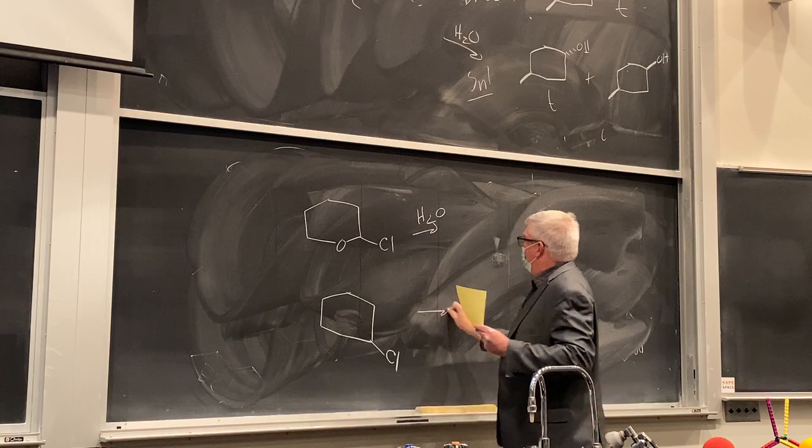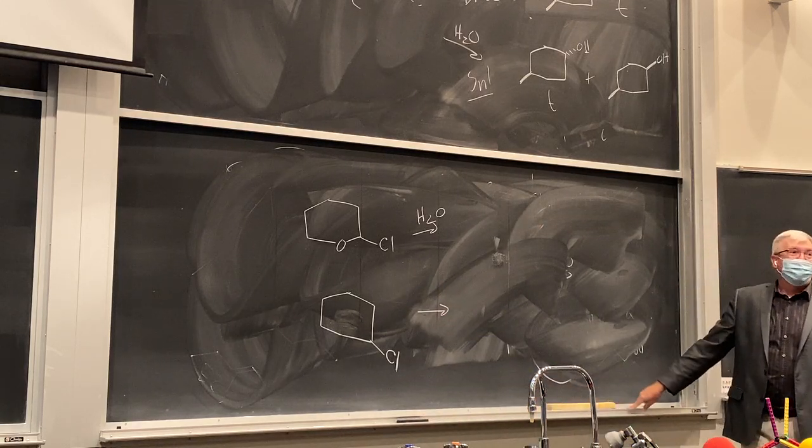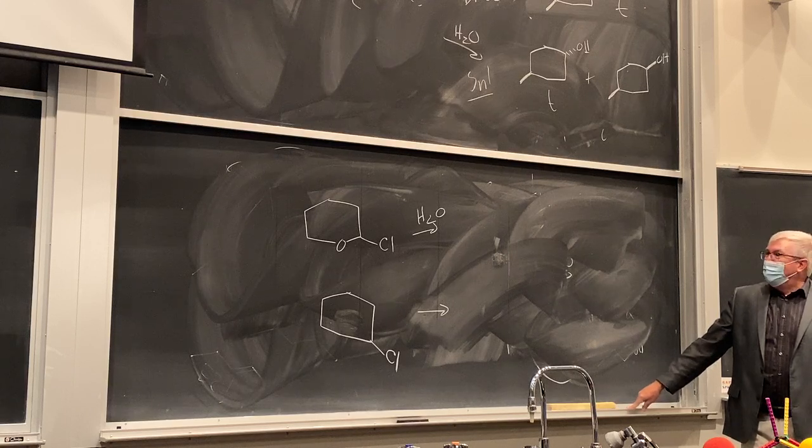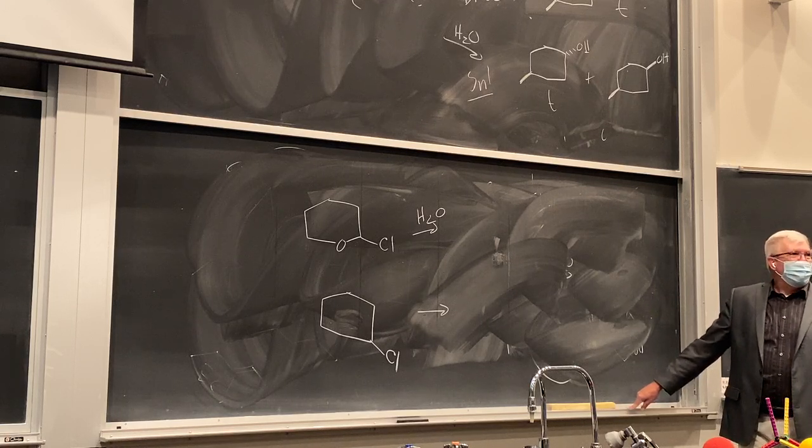What could you say about those reactions? We're secondary. We're kind of in the gray area here. Carbocation. Why would it go through carbocation? Oh, it's in water. Neutral nucleophile. So you don't have a charged nucleophile here. Which one will be faster? The one with the oxygen or the one that's just the cyclohexane?